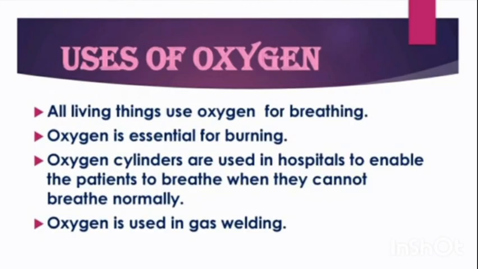All living things use oxygen for breathing. Oxygen is essential for burning. Oxygen cylinders are used in hospitals to enable patients to breathe when they cannot breathe normally. That is, in emergency situations in hospitals, they use oxygen cylinders for patients to breathe.